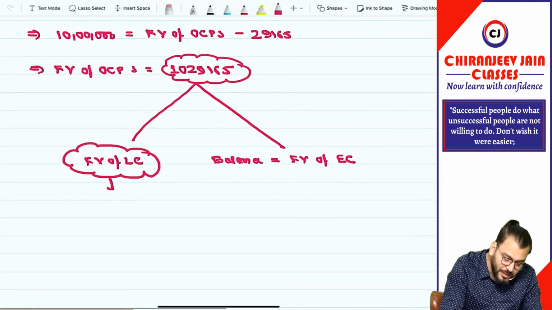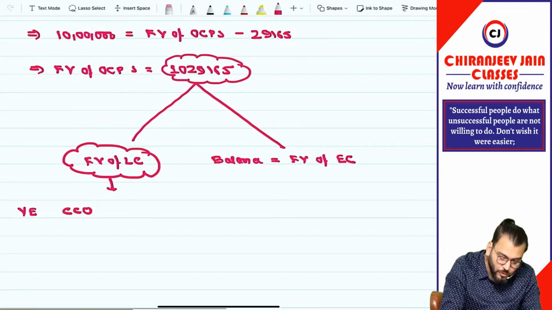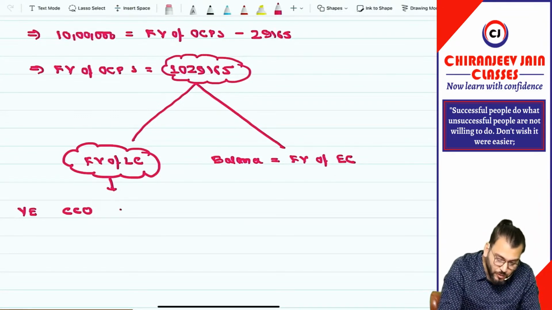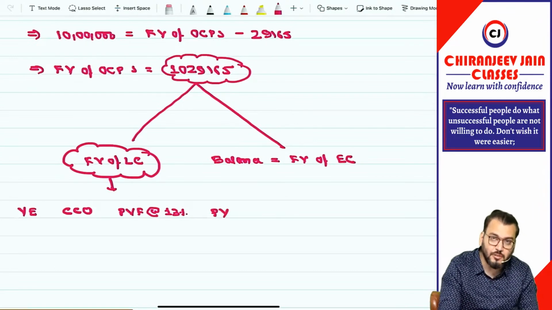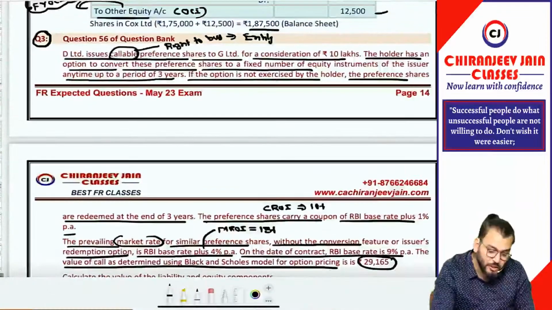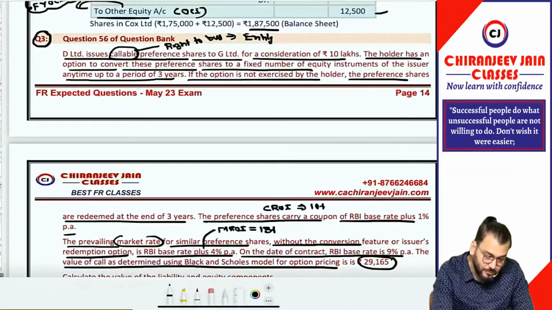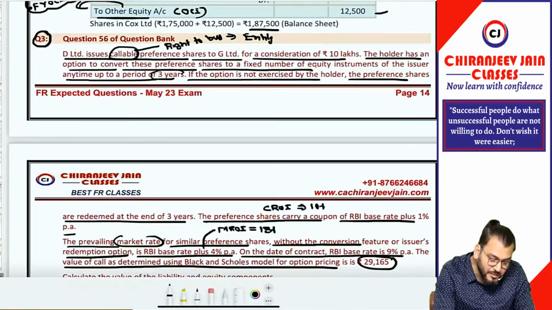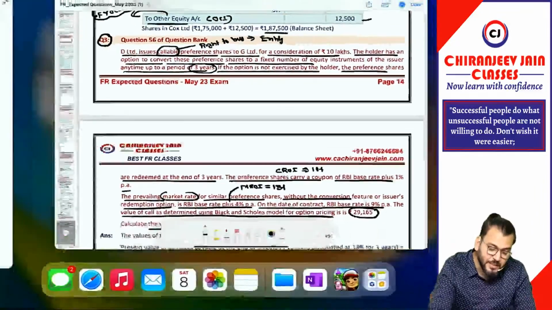So we'll take year-end contractual cash outflow, present value factor by using market rate of interest, that is what? 13% given in the question, and then we can calculate present value. Correct. So this is for how many terms? Check how many years, on which date it was issued. It is for 3 years, means for 3 years we need to do discounting, correct? Yes sir.